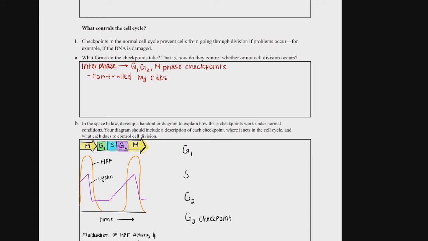And so the ratio of the CDKs to their cyclins determines the activity. The activities of the different CDKs control the cell cycle and can move past a given stage of the cell cycle only when the appropriate checkpoint's CDK has been activated. And I will draw this out.